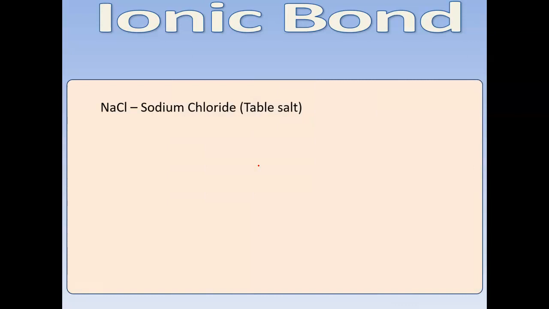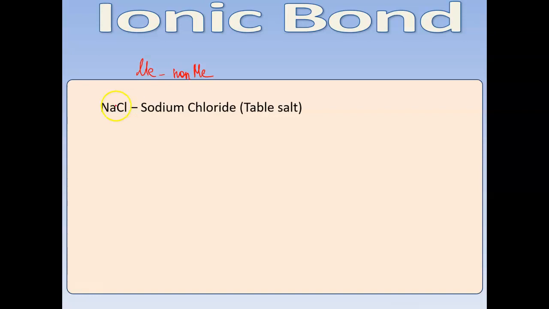So ionic bond. An easy way to predict whether there is an ionic bond or a covalent bond: if we see a compound which has a metal and a non-metal in one compound, there is a high possibility that this is an ionic bond between them.